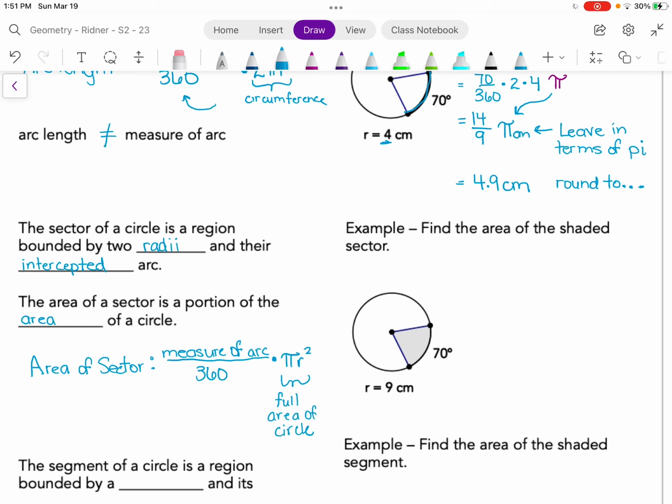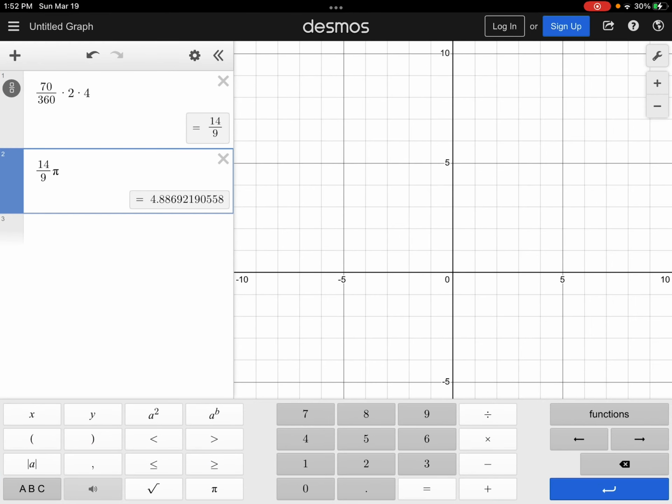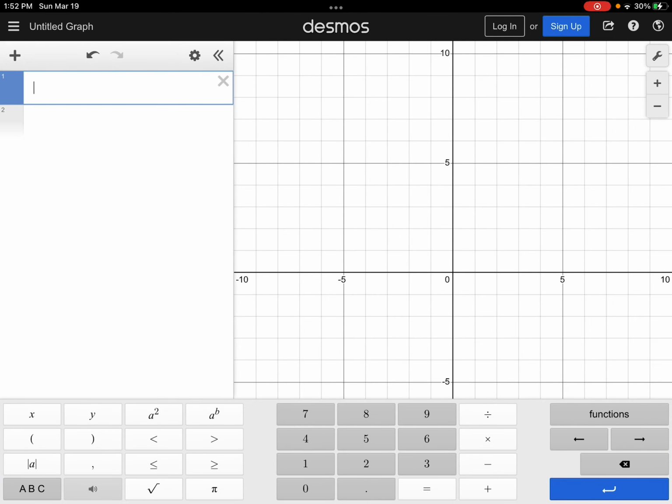So what does that look like? Well, in this example, 70 divided by 360 times pi r squared, r is 9 this time. So in your calculator, you will do all the numbers, not the pi. And then you'll tack on the pi at the end of your answer. So let's look at that one more time. Make sure we get that. So 70 divided by 360 times 9 squared.